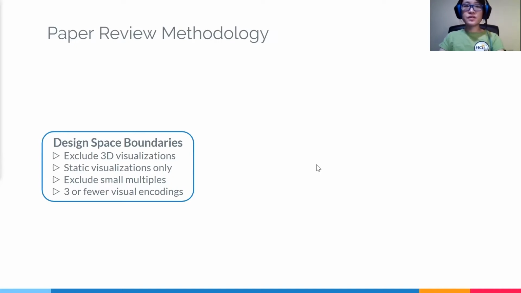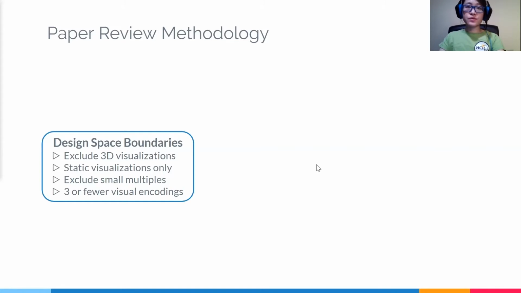We excluded 3D visualization since 3D visualization proves to be less effective than multiple linked 2D views. We only focus on static visualization designs since the design space of animation, transition, and interaction is still under-explored. And moreover, many visualizations are still designed as static.